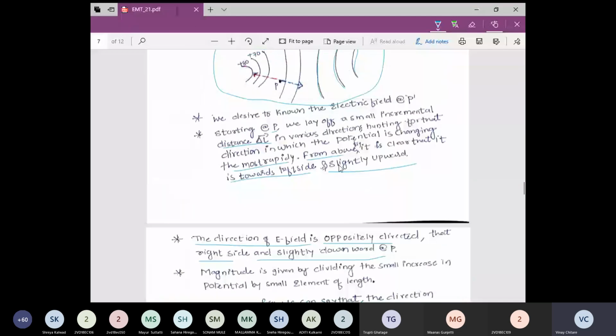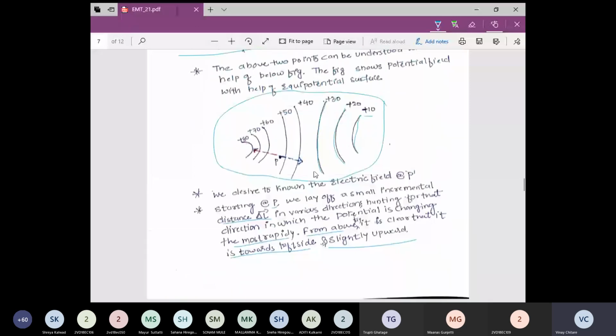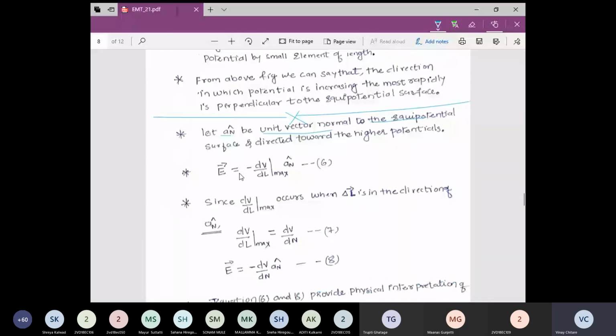Now, as I said, these are the equipotential surfaces. Let a_n hat be a unit vector normal to the equipotential surface. And you could also see that these unit vectors, normal to the equipotential surface, are directed towards the higher potential.